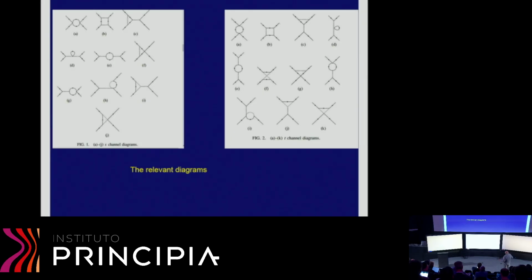We computed all these diagrams, and for the first time in this paper, we computed in full detail the box diagrams, which are this one. These box diagrams are, of course, small. They contribute very little to the calculation, because the mass of the sigma, which is about 550 MeV, is pretty high compared with the mass of the pions. But for other reasons, we decided to calculate it. Now the calculation is complete.